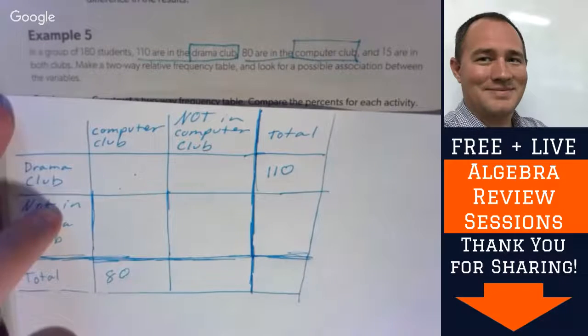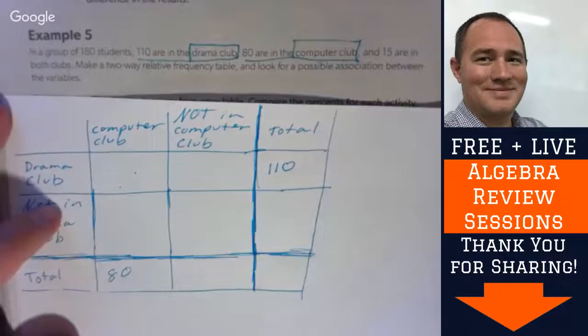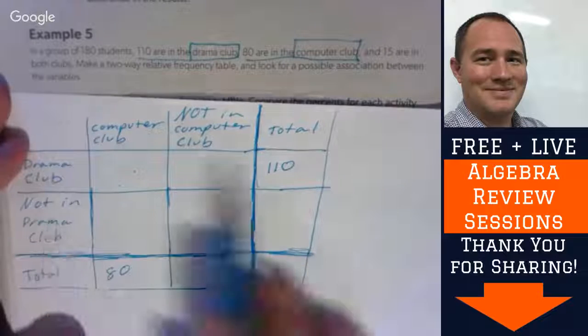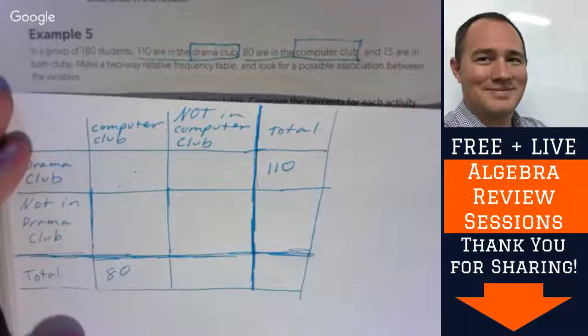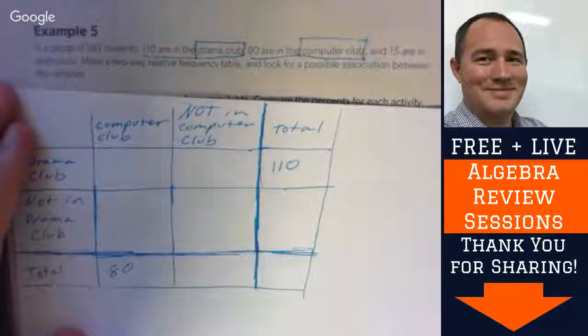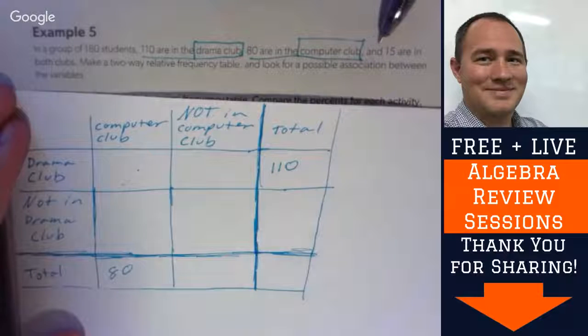So on any column or row, we can only have one unknown cell that we're going to either use addition or subtraction from the total to find that one unknown cell. So as it stands here, this would be impossible to solve, impossible to fill in the rest of this table. So luckily we have a little bit more information.